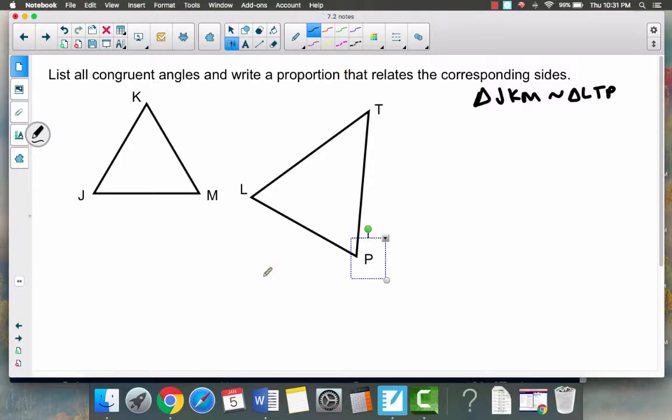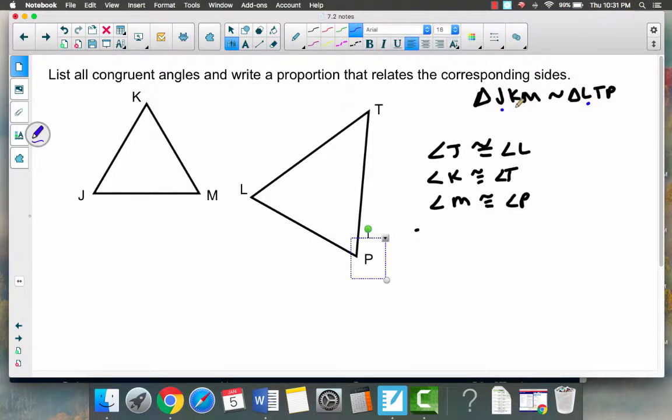So if we were going to list all the congruent angles, angles are not usually written with proportions, so we would just say that angle J would have to be congruent to angle L, and angle K would have to be congruent to angle T, and then angle M would have to be congruent to angle P. And I just found that by matching up the letters, so J and L, and then K and T, and then M and P.